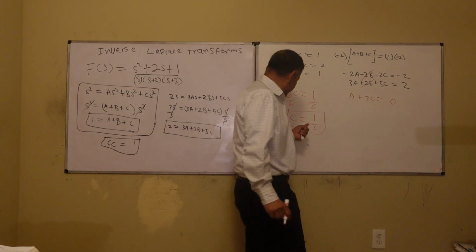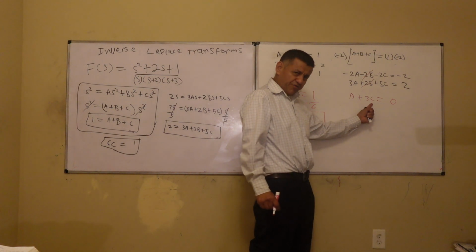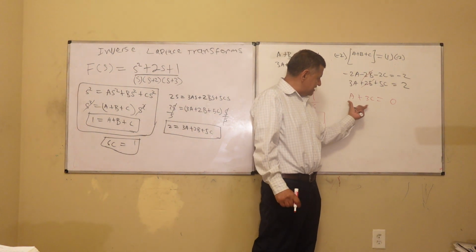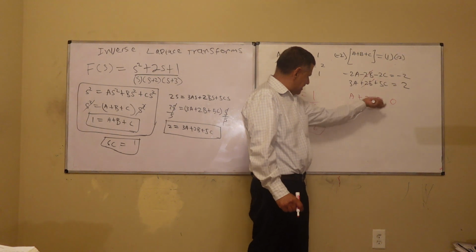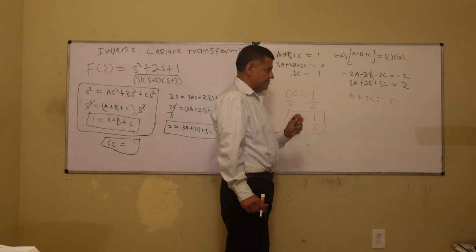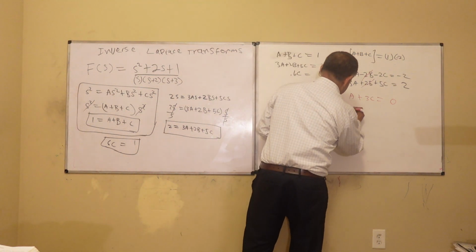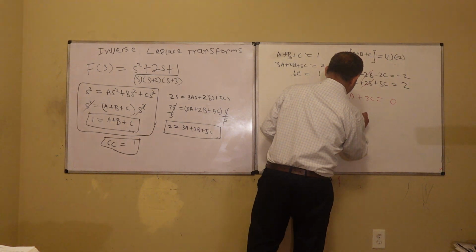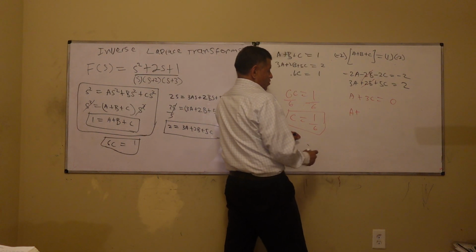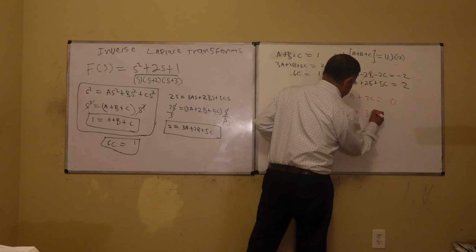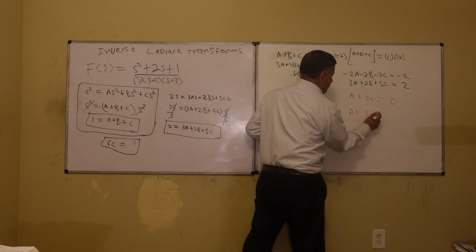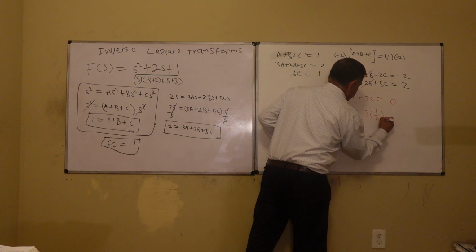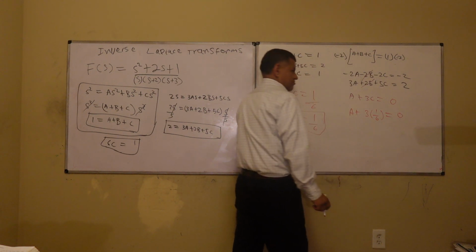Now I can get that 1/6, put it over here, and then I have an equation, and I can solve for a. So a plus 3 times 1/6 is equal to 0.